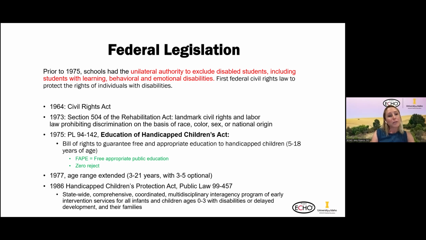In 1973, Section 504 of the Rehabilitation Act was passed. This was a landmark civil rights and labor law which prohibited discrimination against race, color, sex, national origin. In 1975, the Education of Handicapped Children's Act was passed. This was a Bill of Rights that guaranteed a free and appropriate education, which we call FAPE, to handicapped children 5 to 18 years of age.